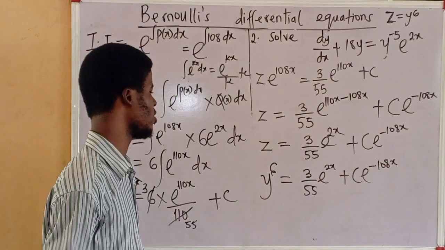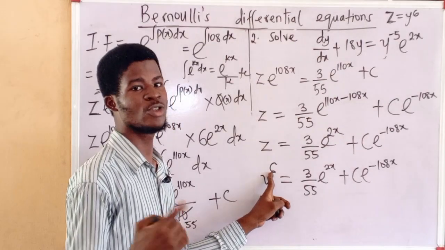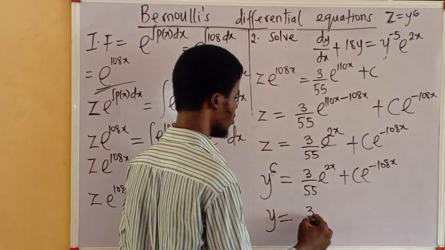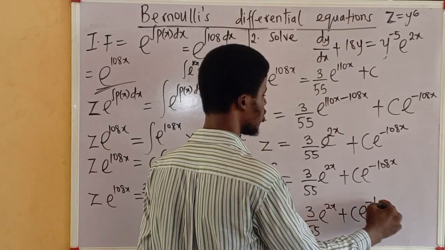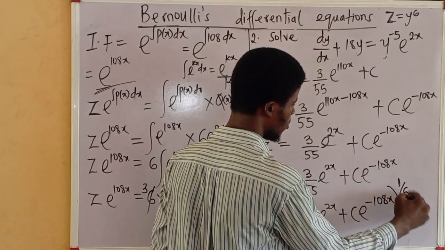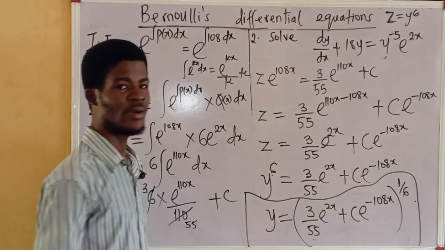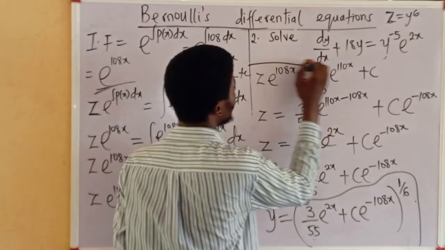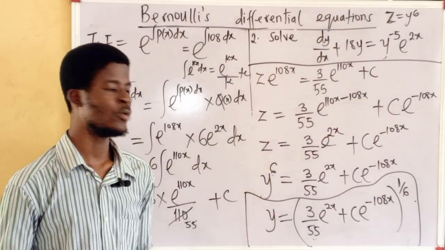So we can choose to remove this 6 by taking the 6th root of both sides. 6th root is equivalent to the power of 1 over 6. y will now be equal to 3 over 55 e to the power of 2x plus c e to the power of minus 108x, all to the power of 1 upon 6. So this is the general solution of this differential equation. This is the equation that we are solving. So this is how it is done. This is how to solve Bernoulli's differential equation.